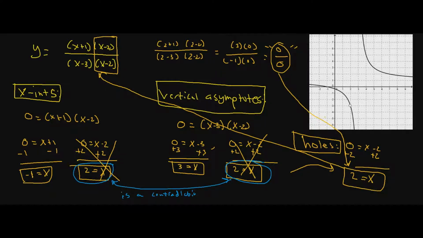So why don't we go ahead and apply it to this other problem that we have here. The equation for this one is x plus 1, x minus 1, and x minus 5, all divided by x plus 2, x minus 2, and x plus 1.